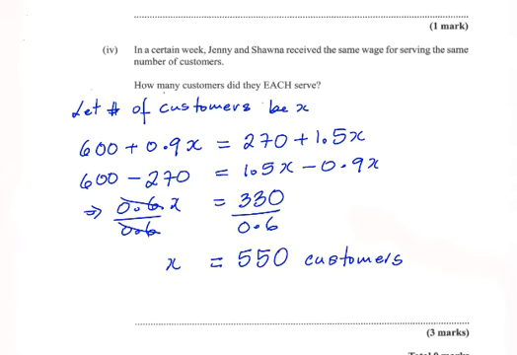So for Jenny and Shauna to receive the same wage for serving the same number of customers, they both have to serve 550 customers.